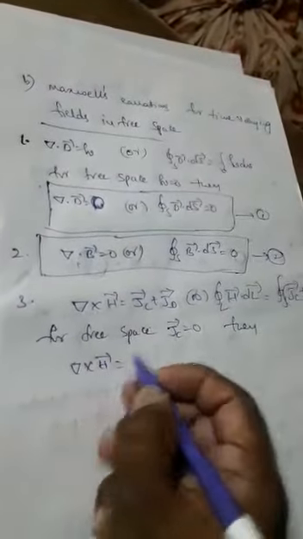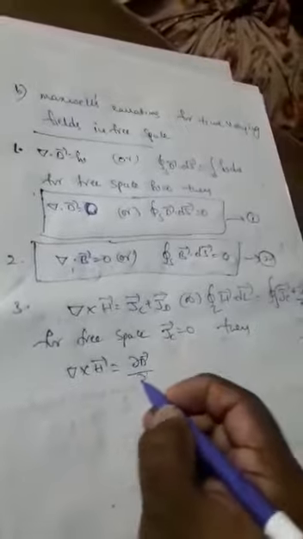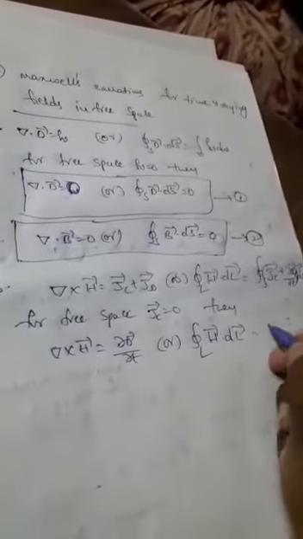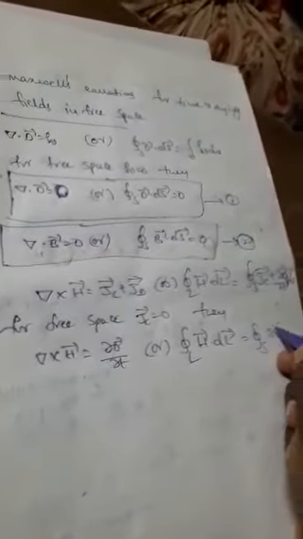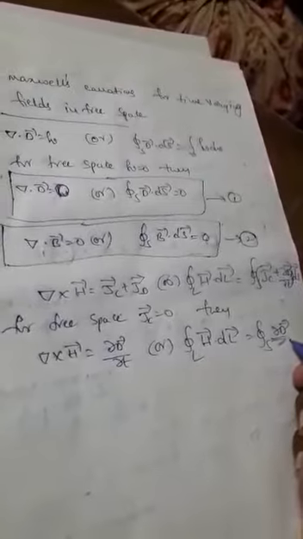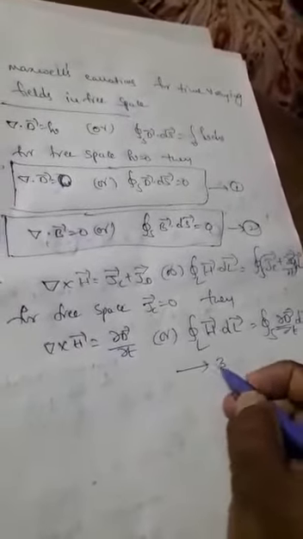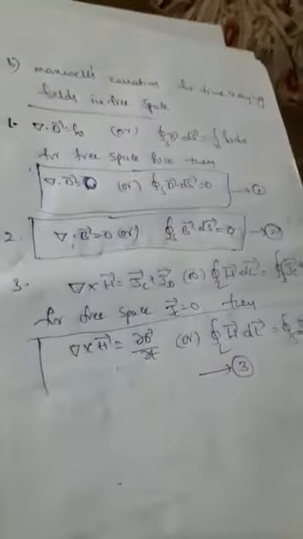That's why curl of H bar is equal to Jd bar, that means dou D bar by dou t. Or in integral form closed line integral of H bar dot dl bar is equal to closed surface integral of dou D bar by dou t into dS bar, which is the Maxwell's equation for time varying fields in free space.